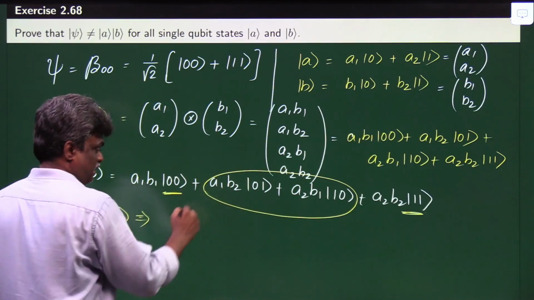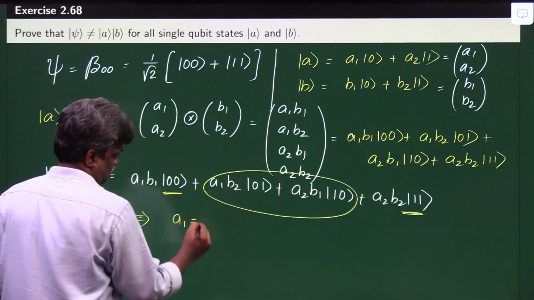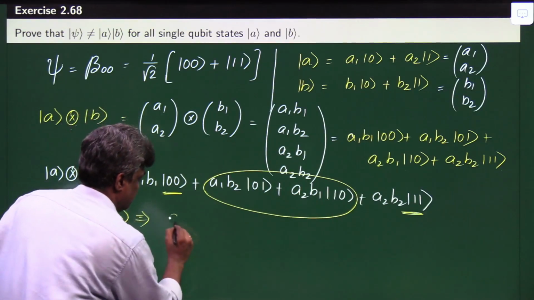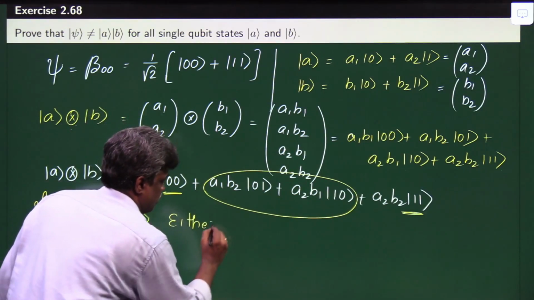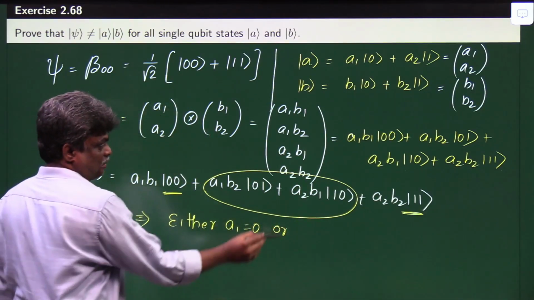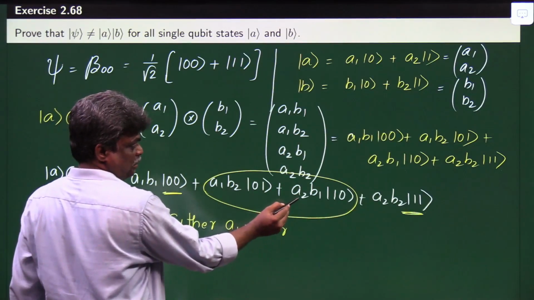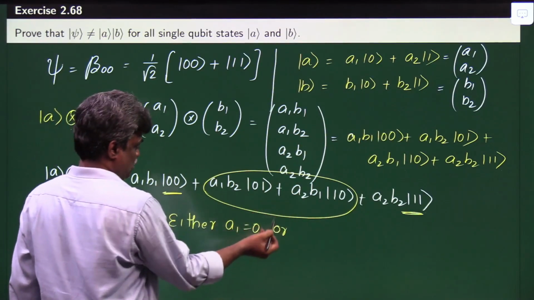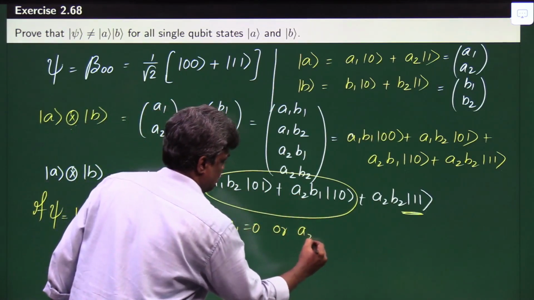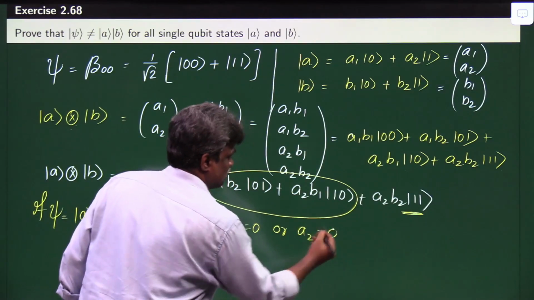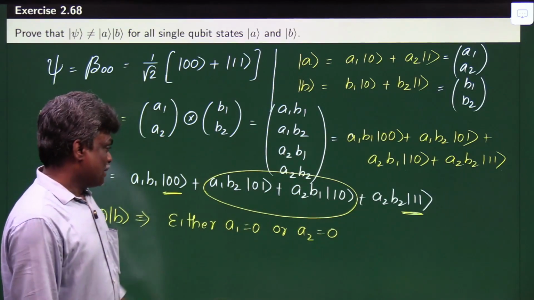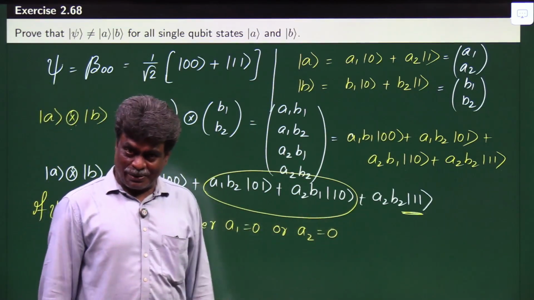This implies either a1 equals 0 or a2 equals 0. Or you can take another option also, no problem. So either a1 is 0 or a2 is 0.